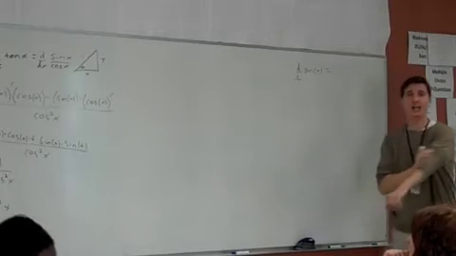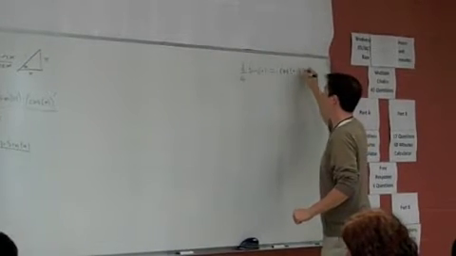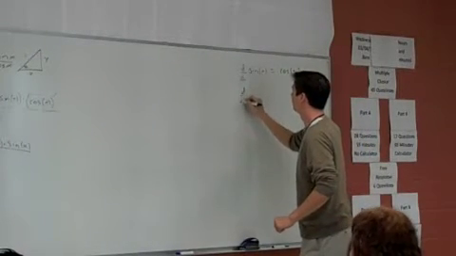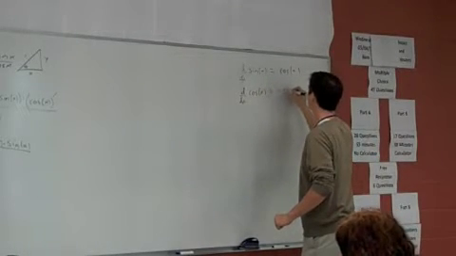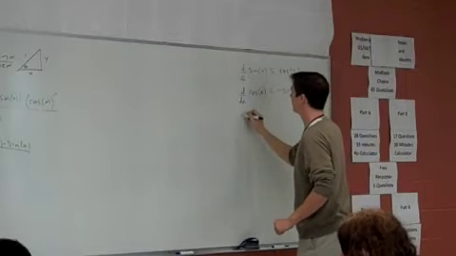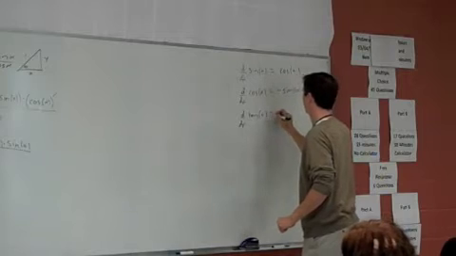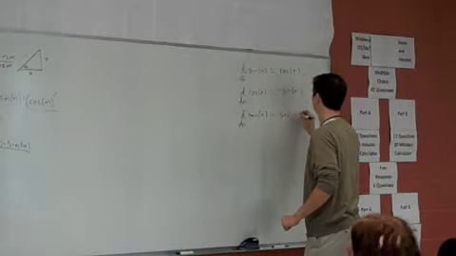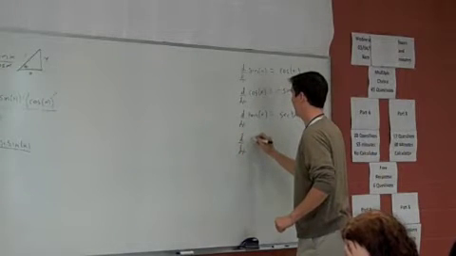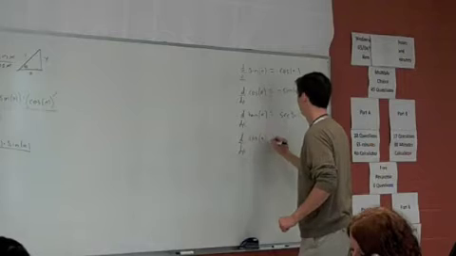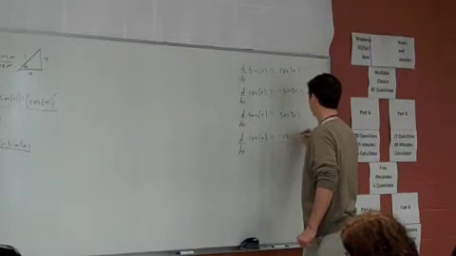What is the derivative of sine? What's the derivative of cosine? What's the derivative of tangent? And then the derivative of cotangent is, from your notes, negative cosecant squared.